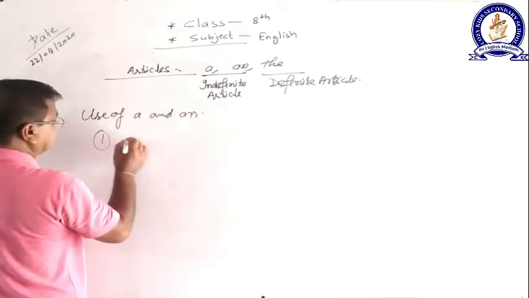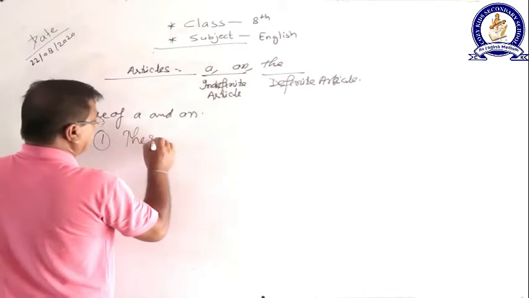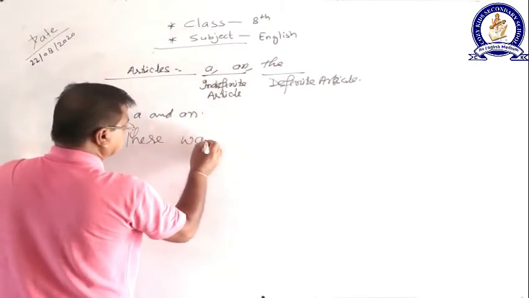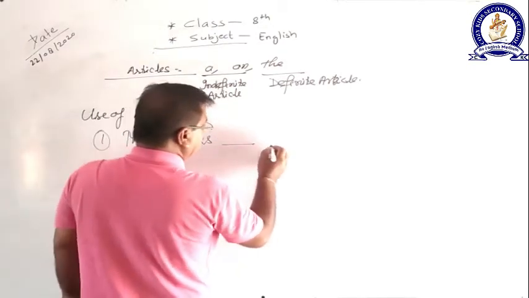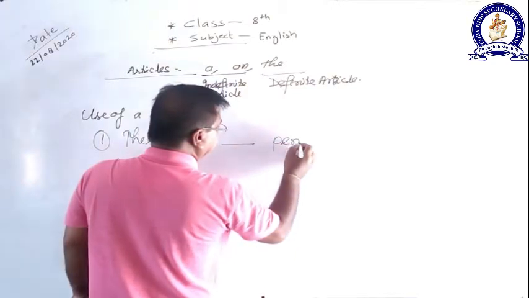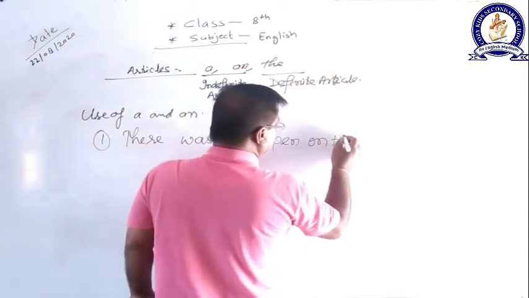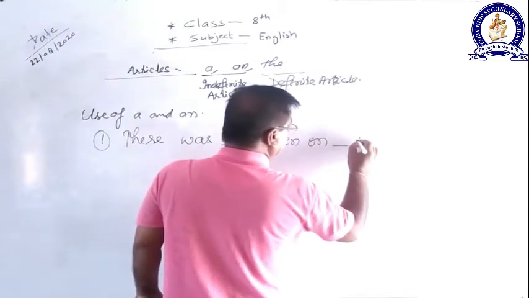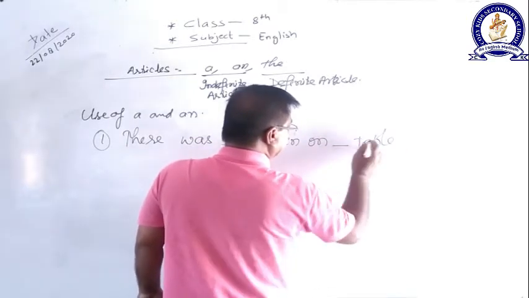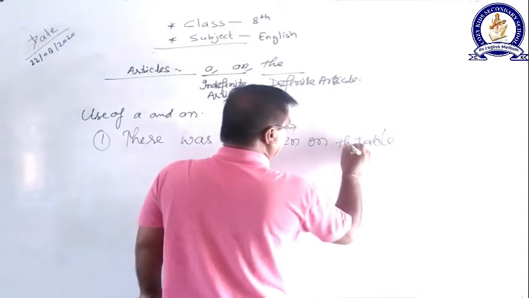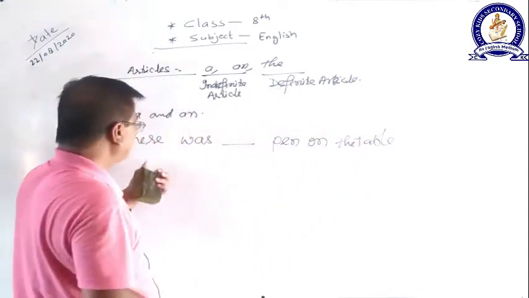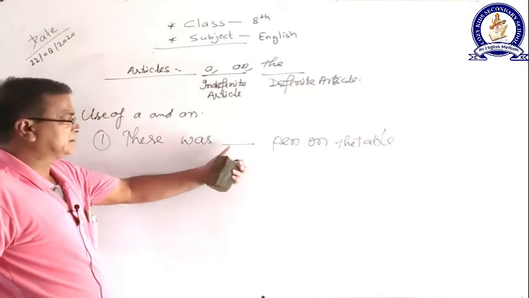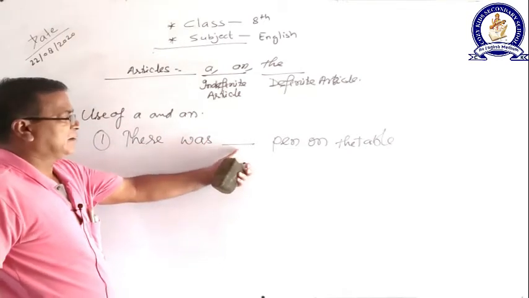First sentence: There was a pen on the table. Which article will be coming?